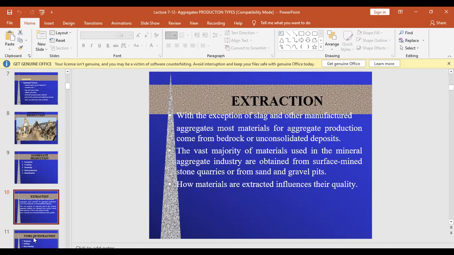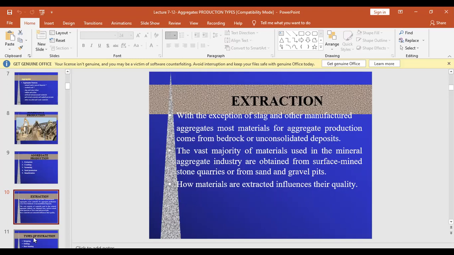But again, its use is very limited. You cannot use 100% of the slag. It can be used as recycled material. It also improves the performance of the road, but it should be used with limited applications.